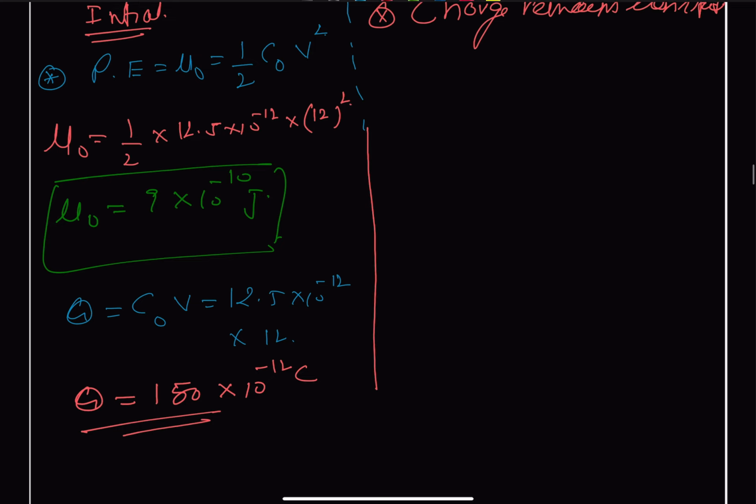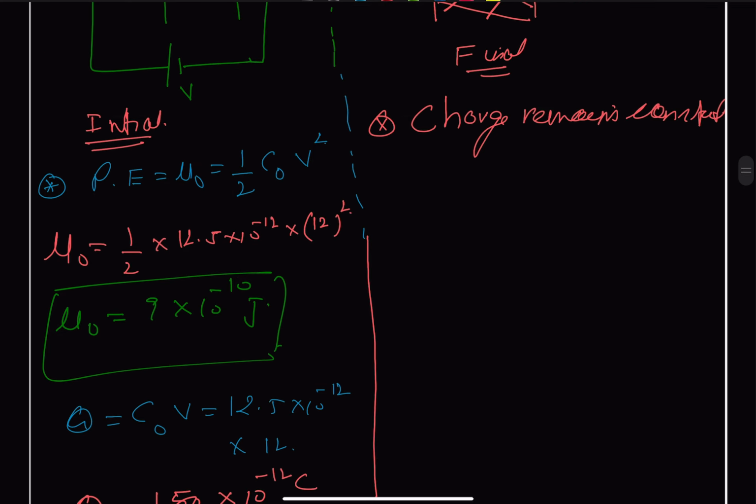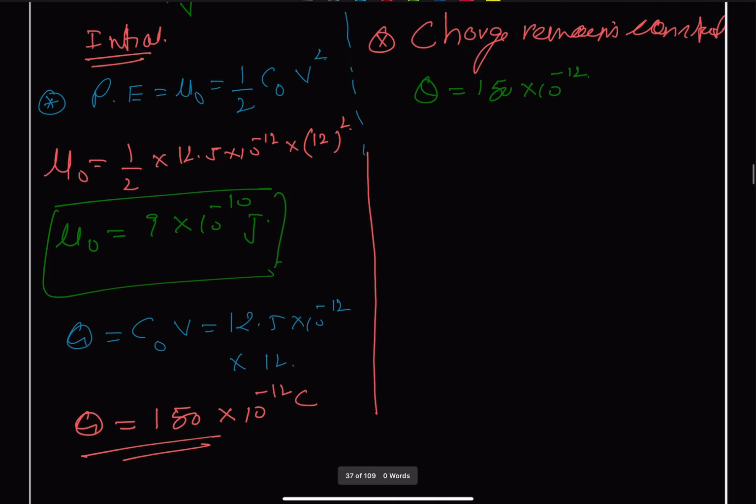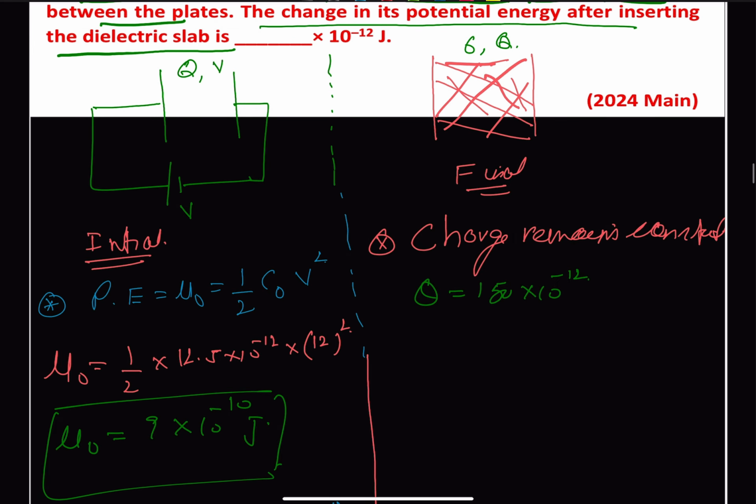So charge is going to remain the same. In this case, our Q will be the same, that is 150 into 10 to the power minus 12. And the new capacitance, let us call that C prime. So here the capacitance is C naught, and here the capacitance, let us call this C prime.